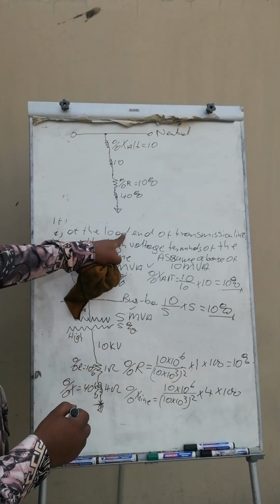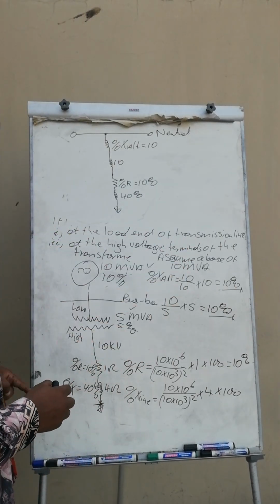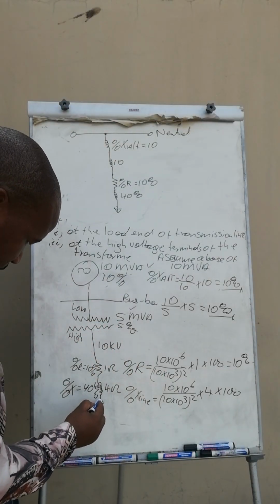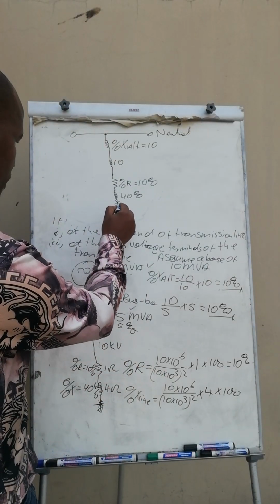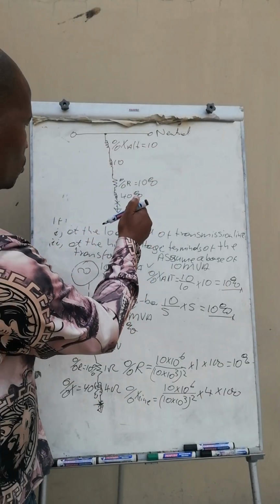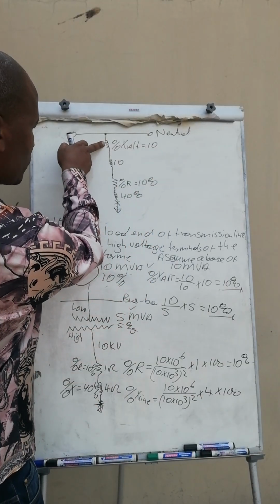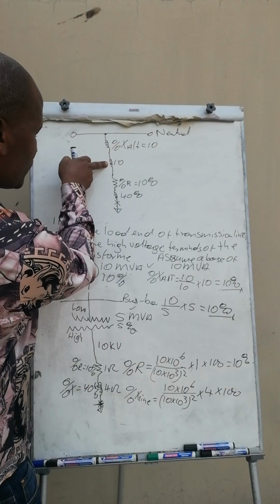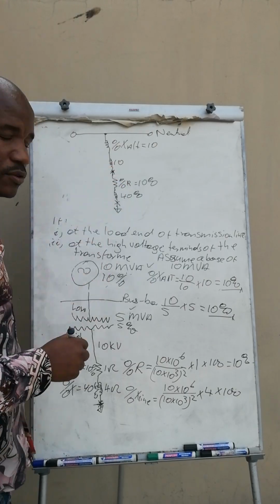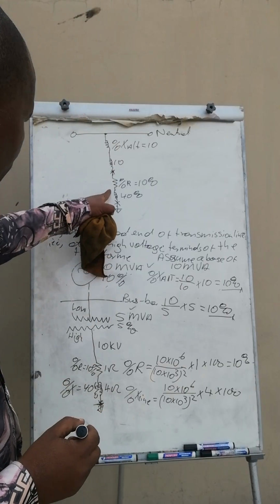But at the load end of the transmission line, you have to calculate the short circuit kVA there. And where else? At the high voltage side, like I told you. This is the alternator, and this is the transformer. You have to calculate the faults here and there.